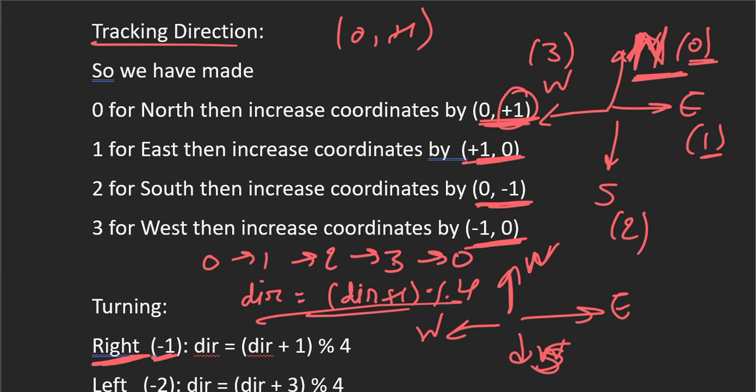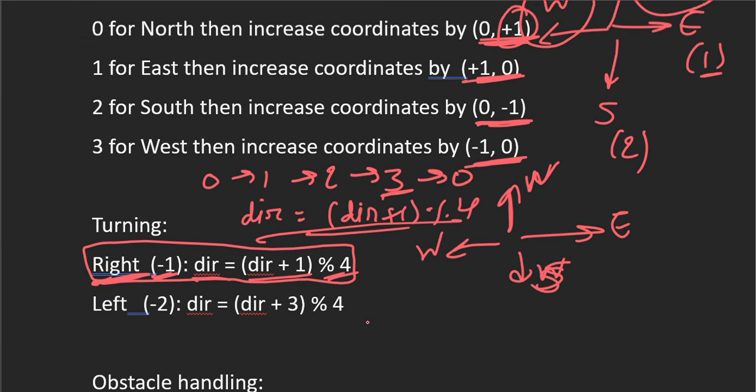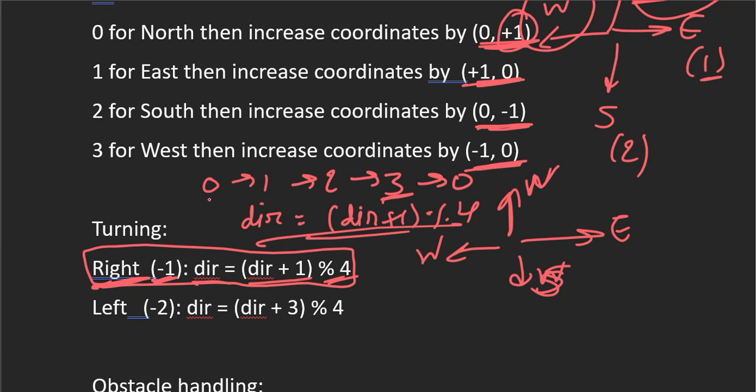Suppose we are in the west direction, that is d equal to 3. If we add 1, 3 plus 1 is 4, 4 modulo 4 is 0, we come to the north direction, right? So if we are turning right, we change the direction as direction plus 1 modulo 4. And if we are turning left, then we have to do direction minus 1 modulo 4.